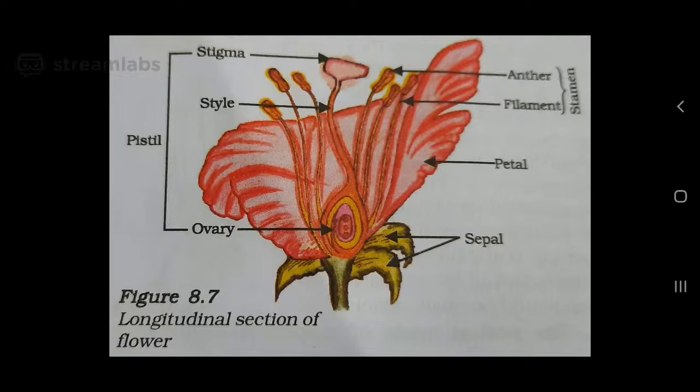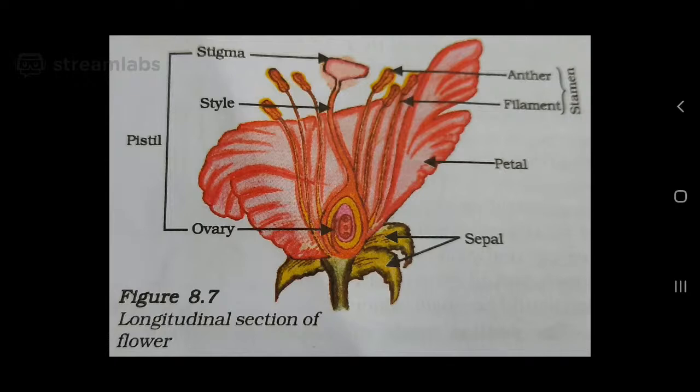What is combination of DNA? Obviously, there will be exchange of DNA content. And when the DNA content is exchanged, then you can definitely find variations.